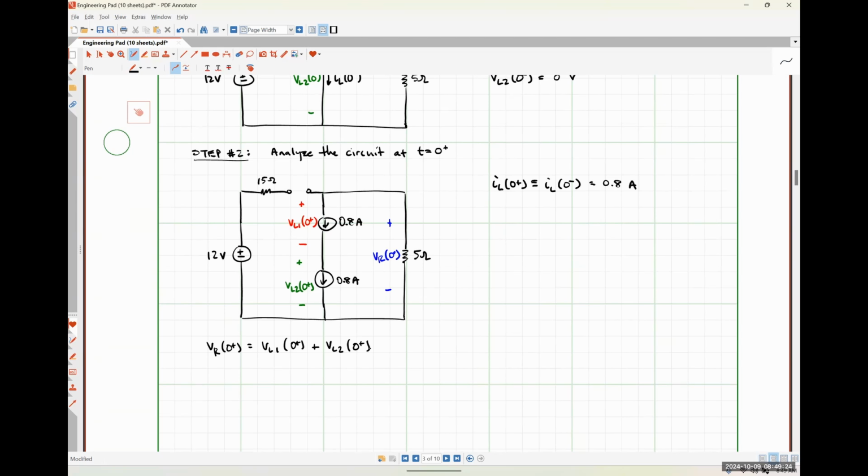That's just Kirchhoff's voltage law. Nothing particularly difficult there. So could we use circuit analysis to figure out what VR at 0 plus is? Let's start there.